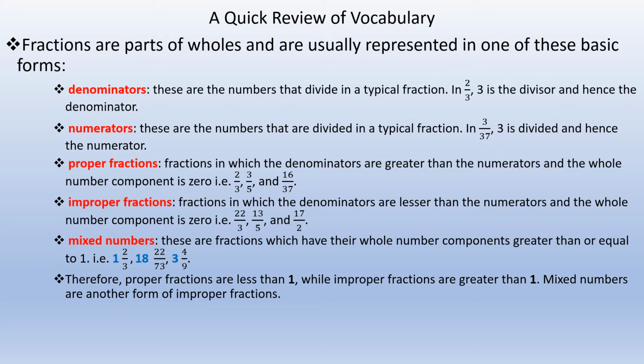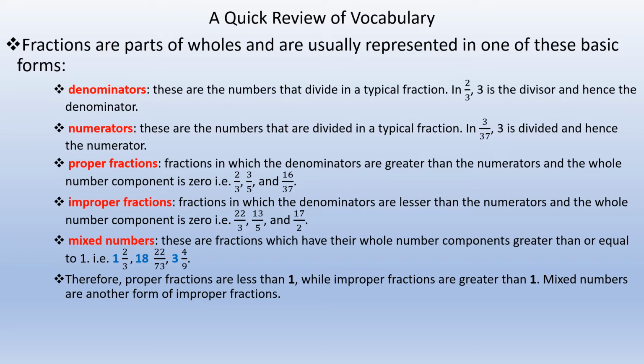So proper fractions are fractions in which the denominator is bigger, greater than the numerator. And improper fractions are fractions in which the denominators are smaller, lesser than the numerators. Hope that makes sense. All right.